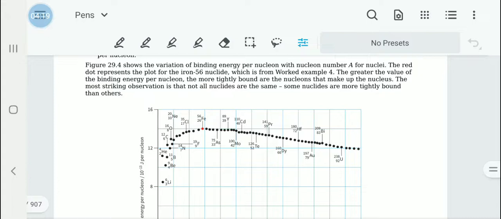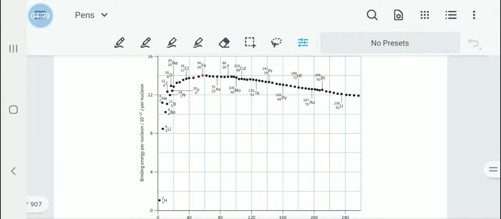The greater the value of the binding energy per nucleon, the more tightly the nucleons are bound together in the nucleus. Not all nuclides are the same. Some are more tightly bound, some are less tightly bound.